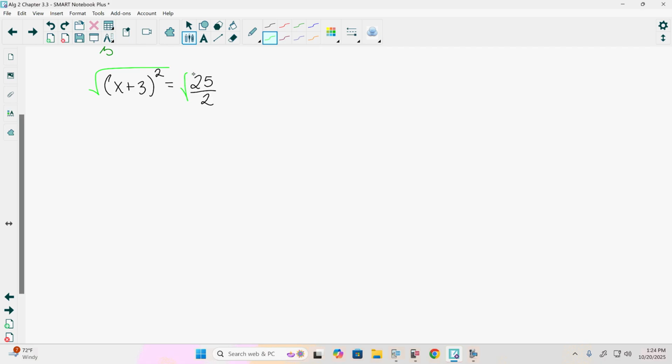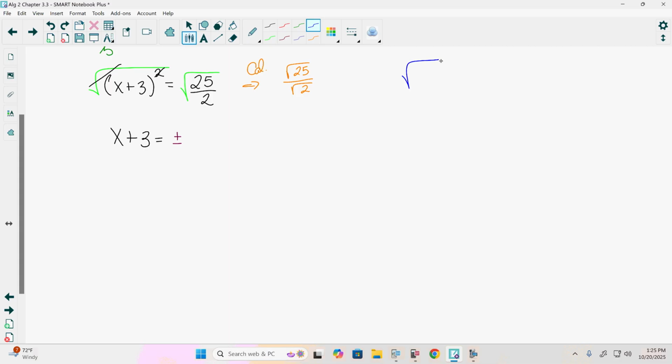Now at this point here, we can take the square root of both sides. On the left-hand side, our square root and square will simplify out. They undo each other. They are inverses. Is equal to plus or minus. Now we need to figure out what the square root of 25/2 is. Now we can use the calculator to find it, but if we're going to use the calculator, especially the 30xs, we do need to split the radical apart.